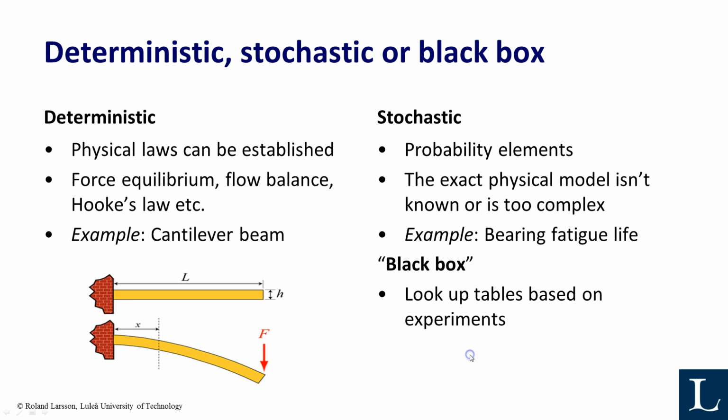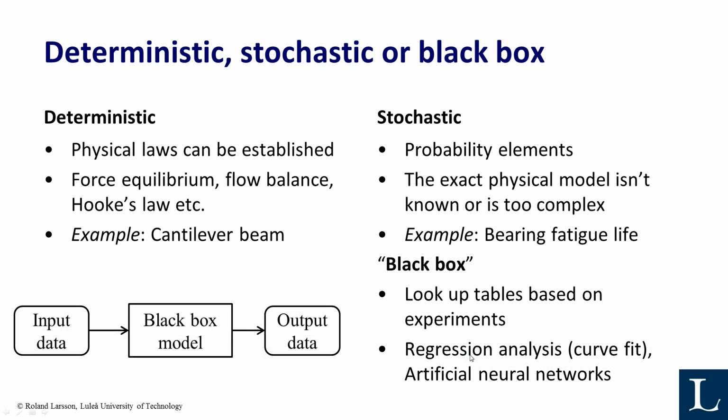And the third one is the black box, and in that case it's more lookup tables and regression analysis. That means that also in this case, you don't really know the model, but you have been able to run experiments, and you have measured output data from that, and you make your curve fit, or more advanced, you use some kind of artificial neural network, or you simply just use a lookup table.